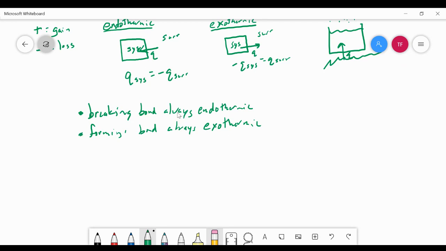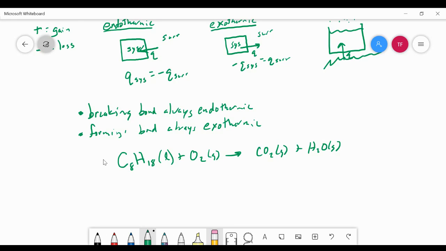And in almost all reactions, you have to do both. You have to break some bonds and you have to form bonds. For instance, let's say burning gasoline in your car engine. C8H18. Gasoline is octane, because there's 8 carbons. If you take this liquid gasoline, form it into little droplets, and burn it with oxygen, which is a gas, it forms carbon dioxide and water.